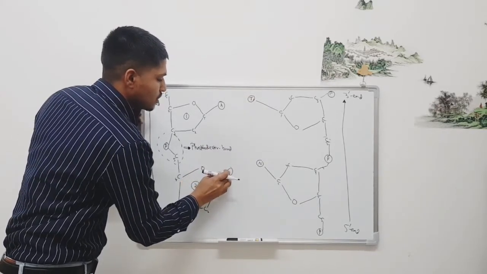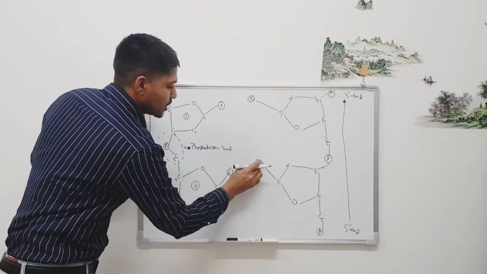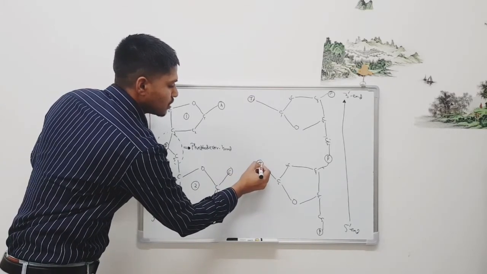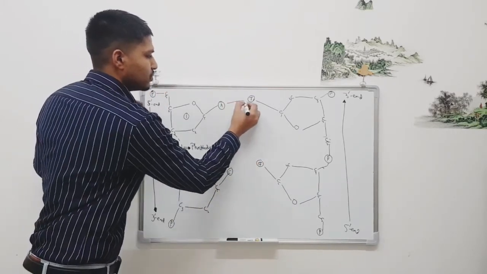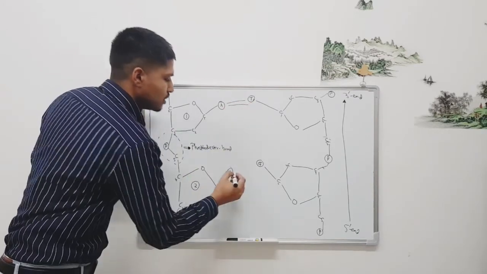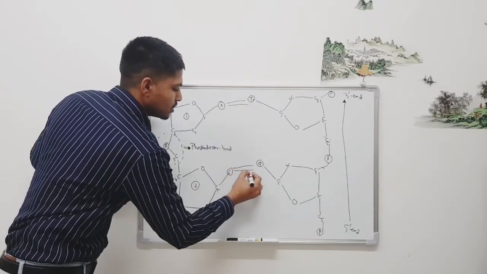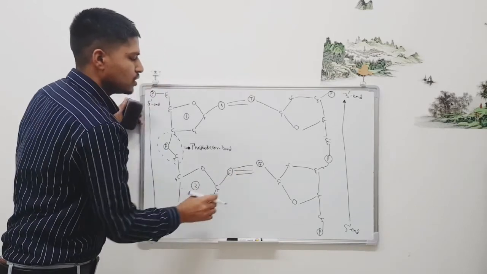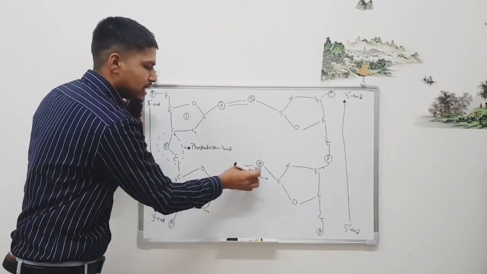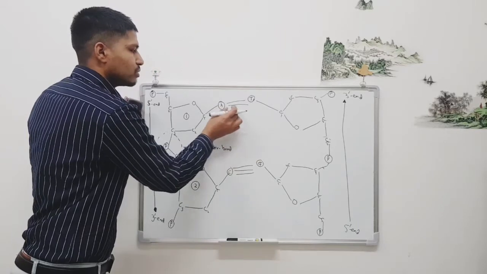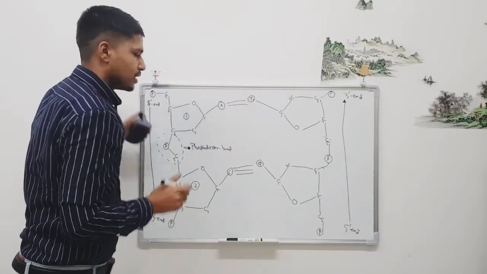Suppose it's cytosine, then here we go with guanine. The bond between them is double here, and here there are 3 hydrogen bonds between cytosine and guanine, and 2 hydrogen bonds between adenine and thymine.